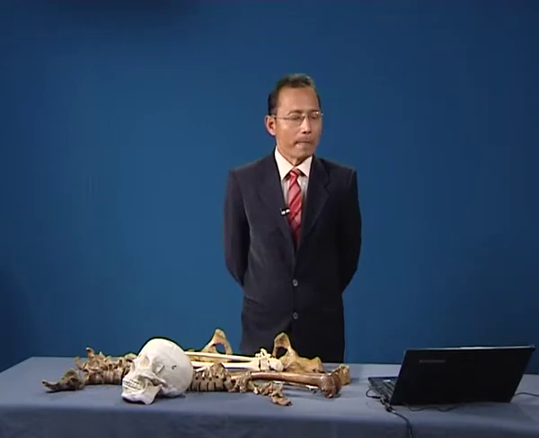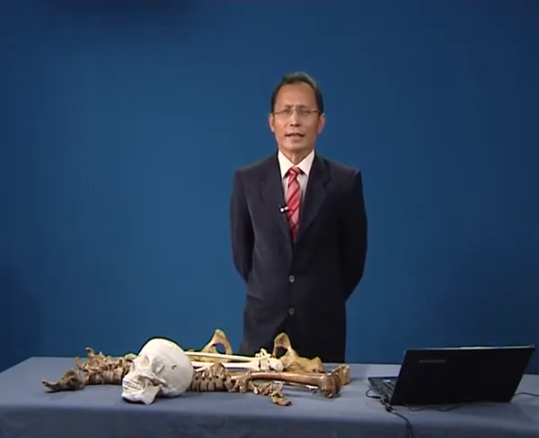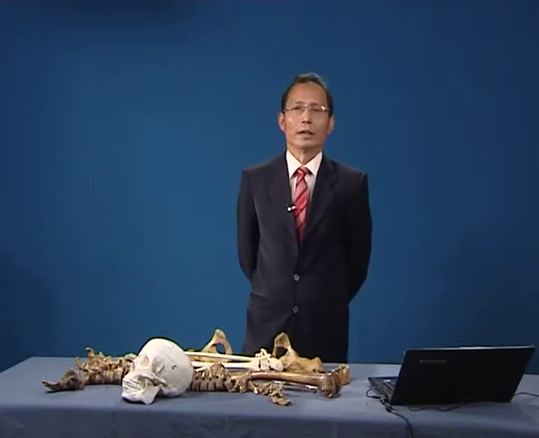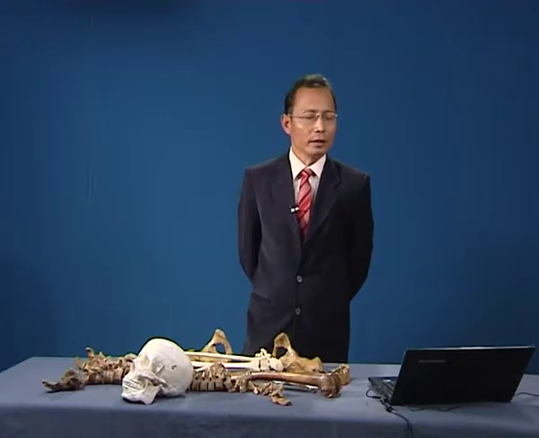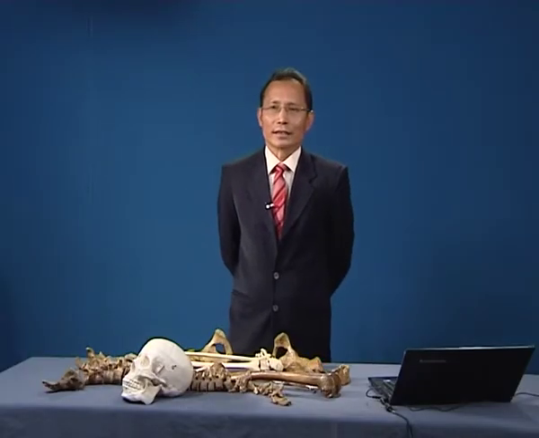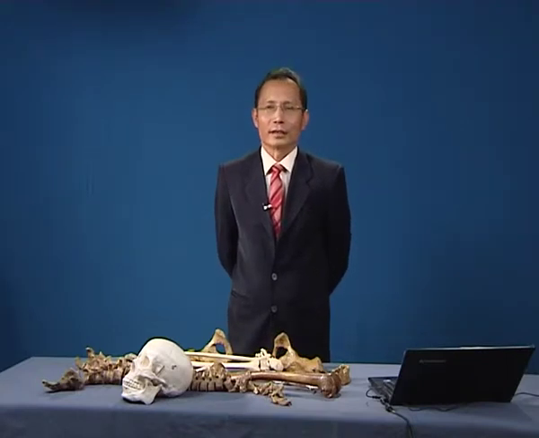And at the same time, bone plays a very important role, particularly in making new blood cells. New blood cells are formed from the bone marrow. So that is why the endoskeleton, the bones, are very necessary for our body.